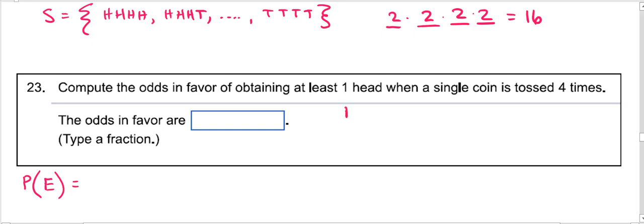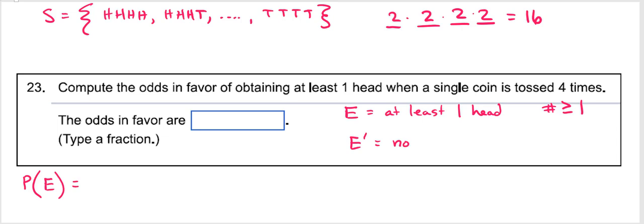So if the event E is that there's at least one head, so that means that the number is greater than or equal to 1, then the complement of that event is that there's no heads, which would be like the number is less than 1, which would be none. So what is the probability of E complement?